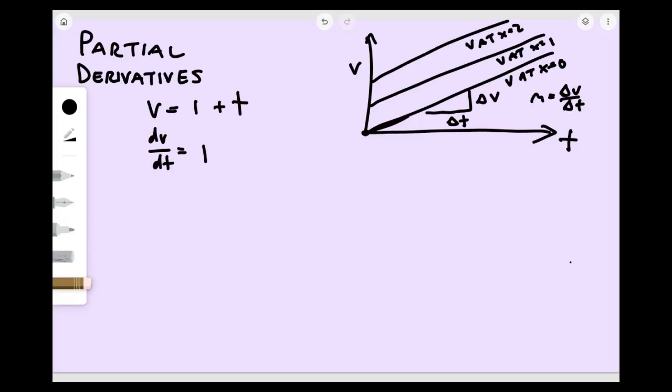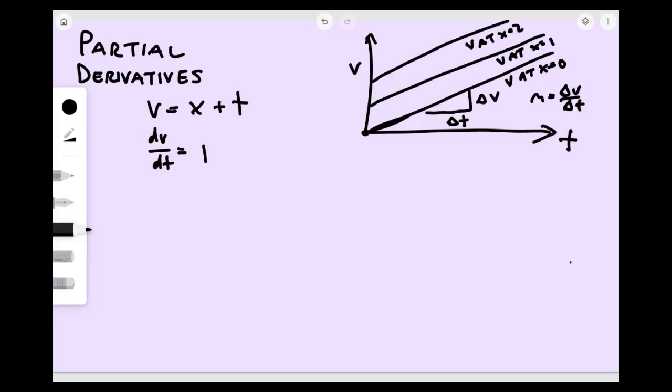And I can keep doing that for any value of x. It doesn't matter. So dv dt is still 1. Because what happens is, when you take a partial derivative, you hold the other variables constant. That's the only way you can do it. That's the rules for partial derivatives.